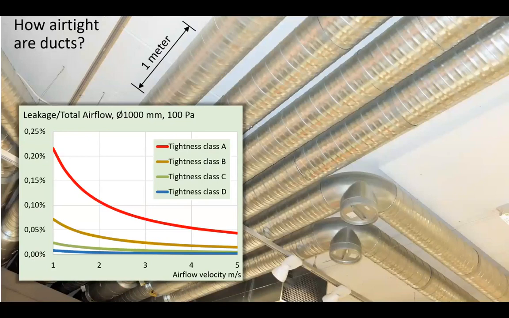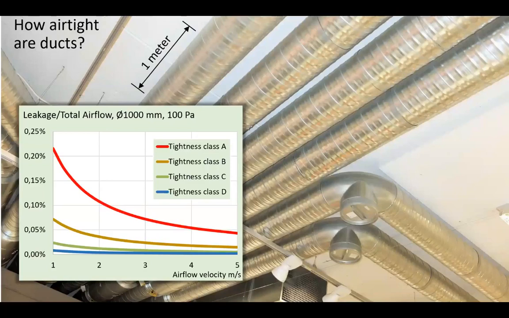It's a 1,000 millimeter duct and a low pressure, 100 Pascal. And you see here that the leakages are quite low, even for the class A that I personally don't like at all. It's quite a low portion that you lose on the way, so to say.